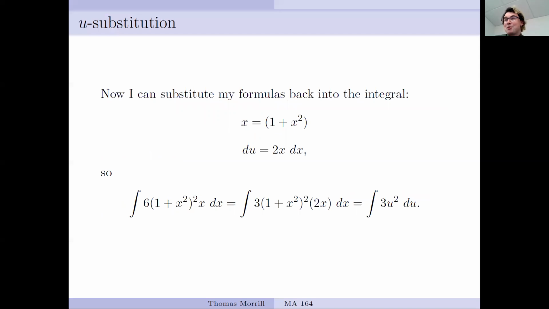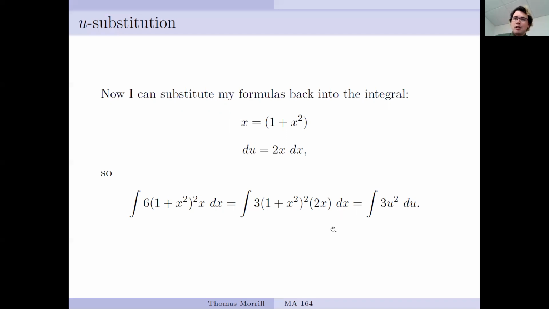So let's gather those equations from my last two slides. This should say u, so a u is equal to 1 plus x squared, pardon the typo. A du is equal to a 2x times dx. So here's my first formula. This was the integral that I've been asked to solve. And I'm going to rewrite that so I can find all of my pieces inside. So I'm saying this is a 3 times the quantity 1 plus x squared, which is then squared, times the quantity 2 times x dx.